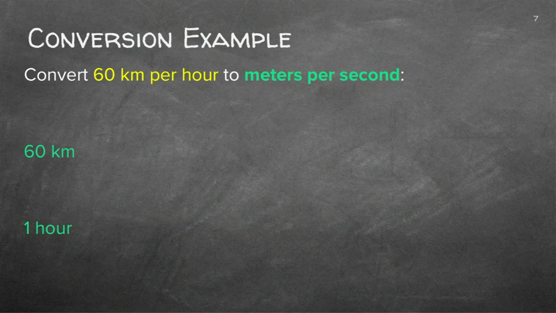Now we know this is the speed limit, 60 kilometer per hour, but they don't want that unit. They specifically want the kilometers in meter, and they want the hour in second. So I suggest you actually say to yourself, what will be the conversion of 60 kilometers to meters? Let us think a little bit.